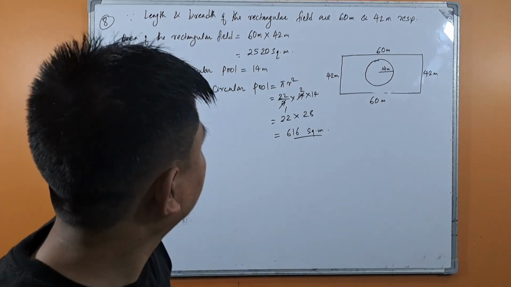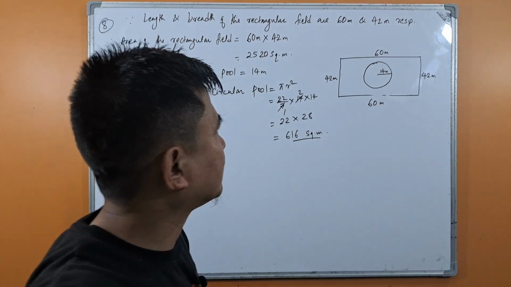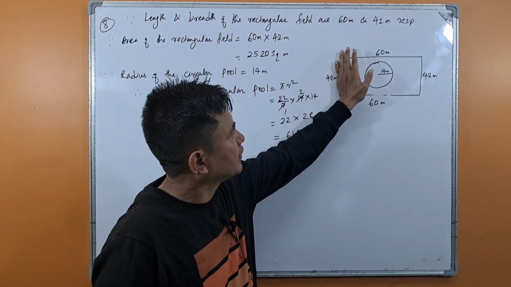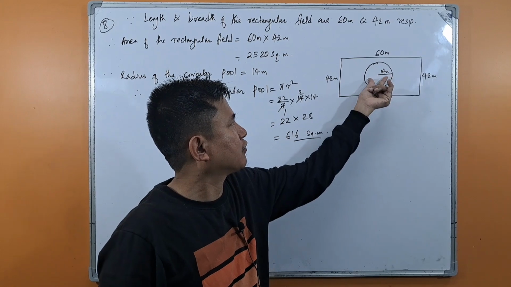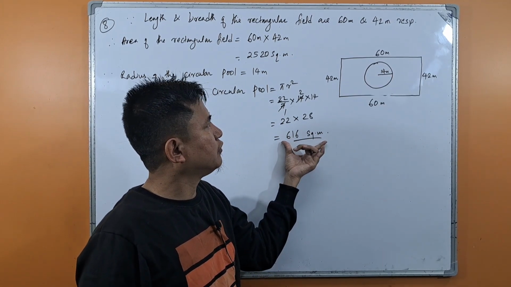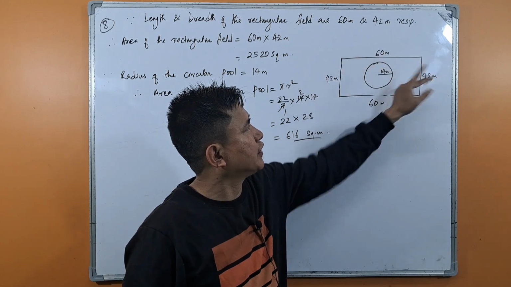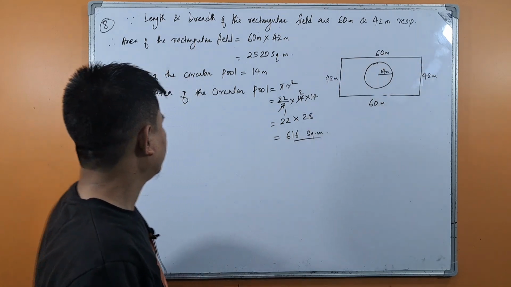So we have the area of rectangle and the area of circle, isn't it? Area of rectangle is the total area including the circular pool, and area of circular pool is this. So if we subtract the area of circular pool from the total area of the rectangle, we get the remaining area of the rectangular field, isn't it?